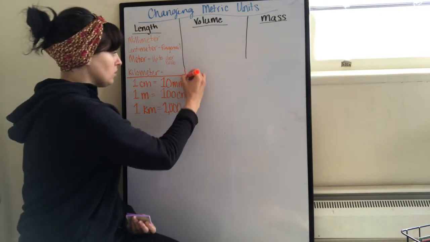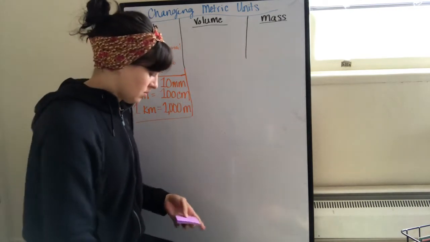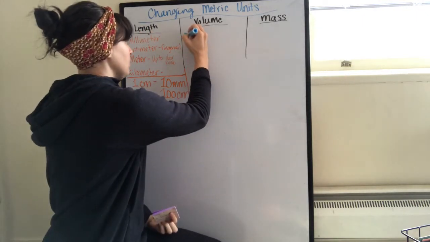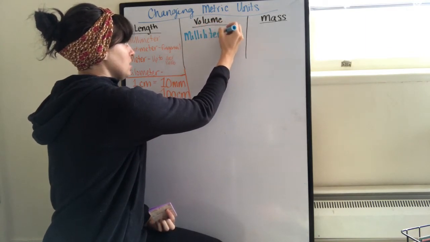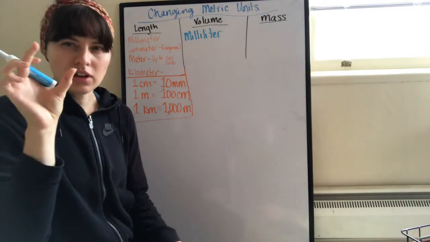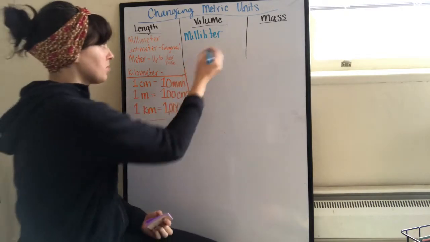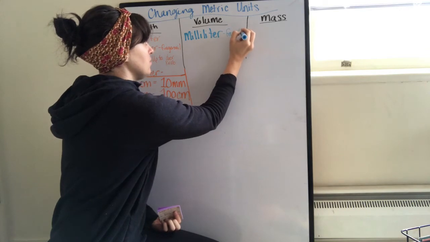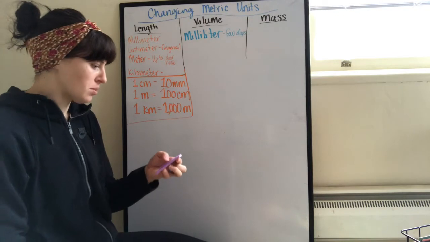Next we're going to do volume. So remember now we have milliliters. I'm just gonna write milliliter. And remember milliliter, we had the little dropper, and we took a few drops. That's what milliliter is. 1 milliliter is just a few drops from that little eyedropper thing.